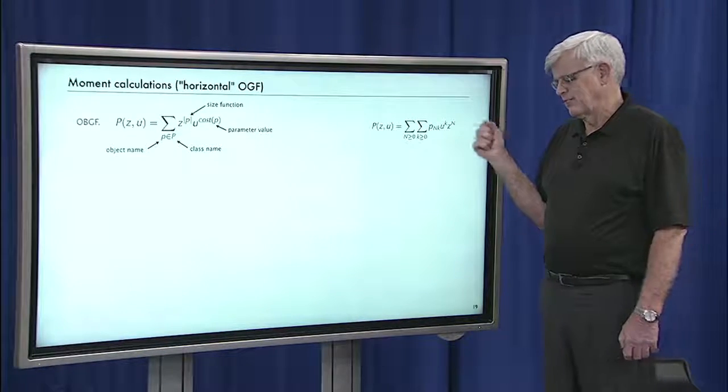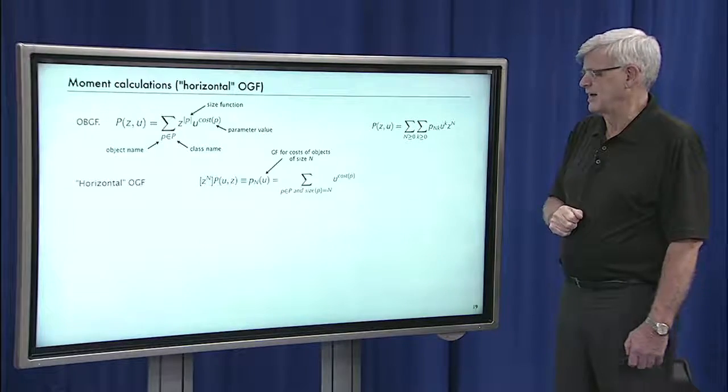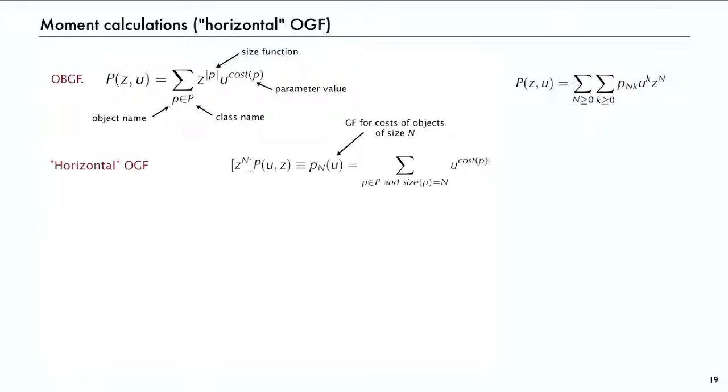So that's a generating function that gives the cost for an object of a given size. So what we do is we take the coefficient of z to the n in the bivariate generating function, and we'll call that p sub n of u. It's a generating function for the cost in all the objects of size n.